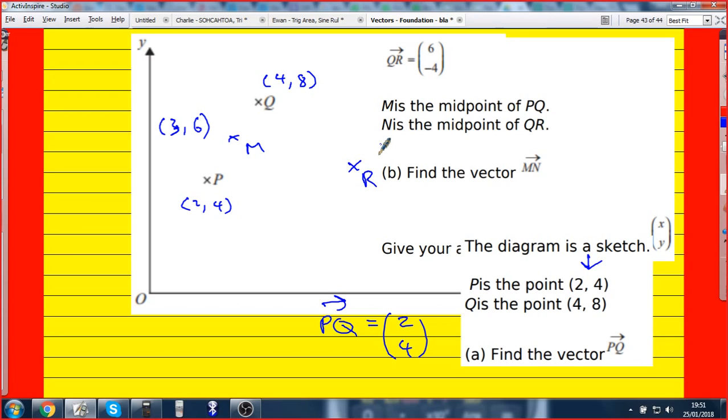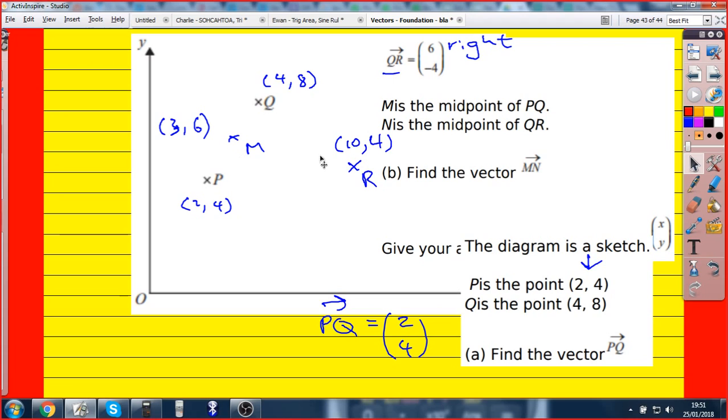QR means you start at Q, you go to R. So you start at 4 and you go right 6. Where are you? Oh, okay. So you end at 10. So R is at 10 across, and you end up down at 4. Yeah. So I suppose I should move that down a bit.